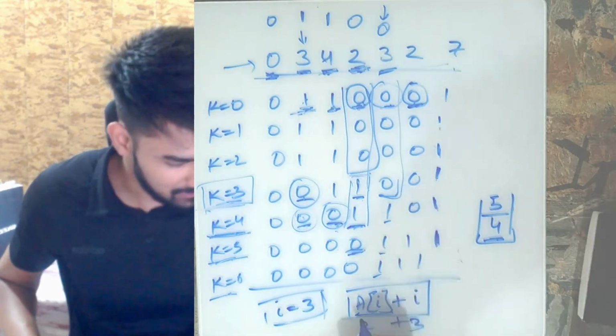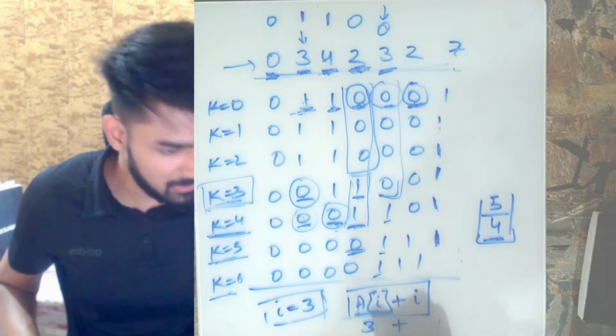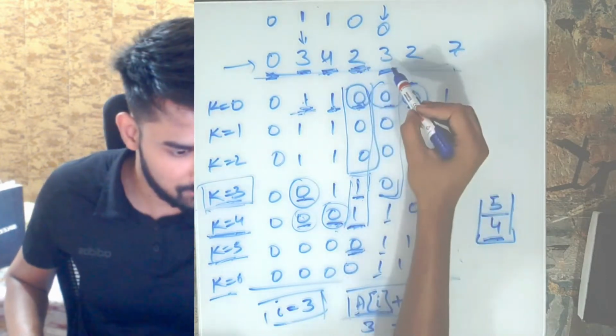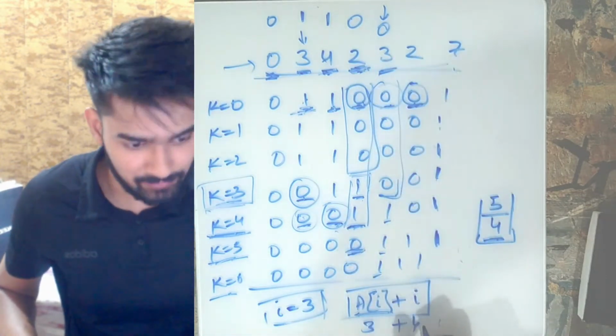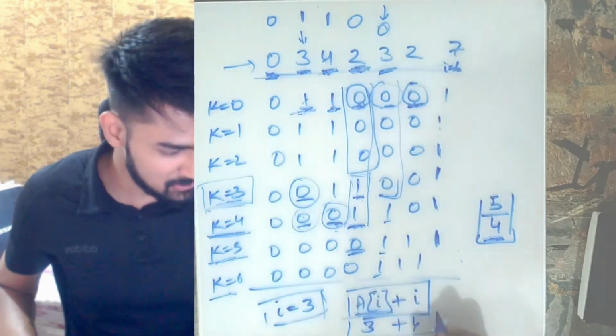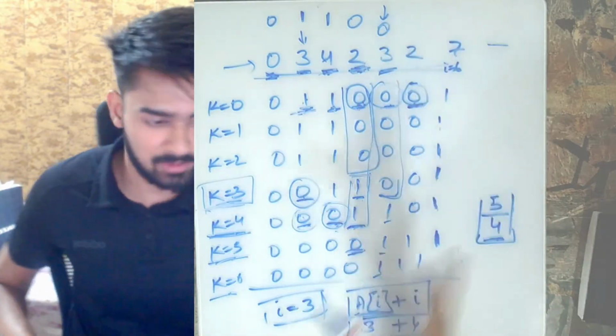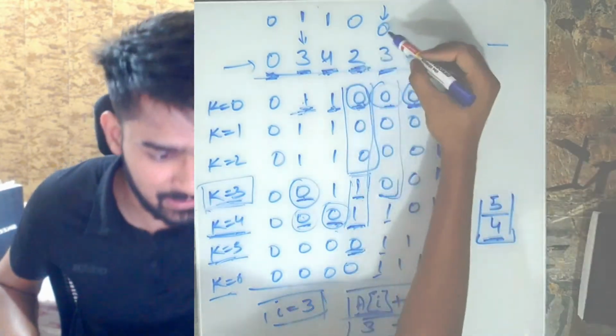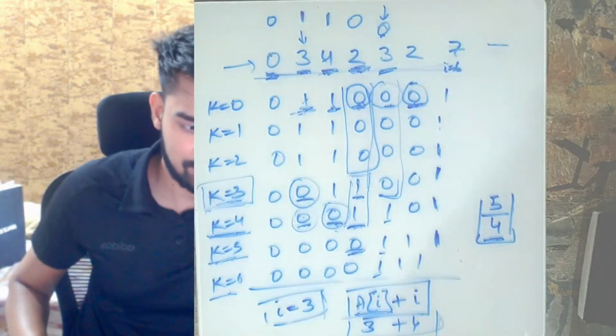My a i is 3, my current index is 4, and 4 plus 3 is 7. Since I only had till i equals 6, and this is out of the scope, I don't really need to set this value. I can just directly say that this is equal to 0.